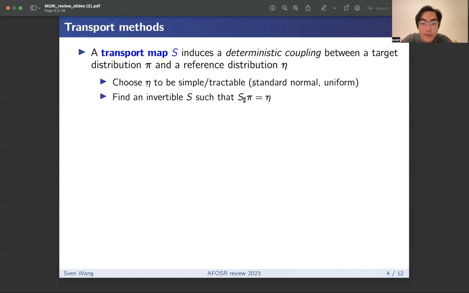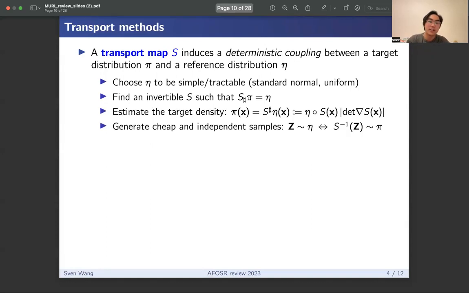For instance, that could be unit Gaussian, like in the previous image. It could also be taken to be the uniform distribution if one is on a bounded domain. And then you find from your data an invertible map S that couples your target pi and eta.